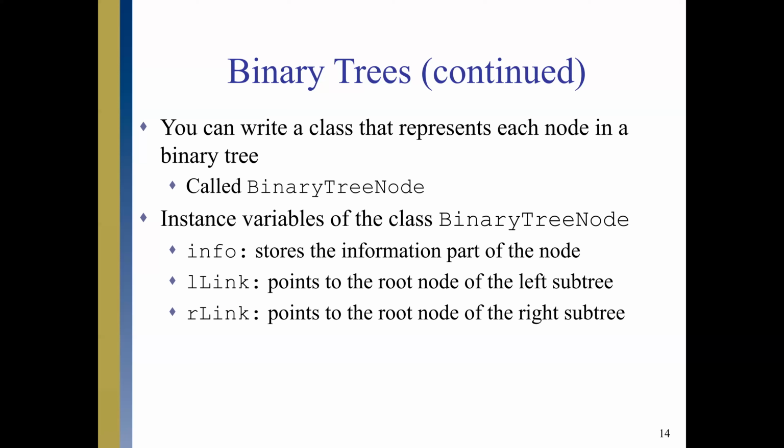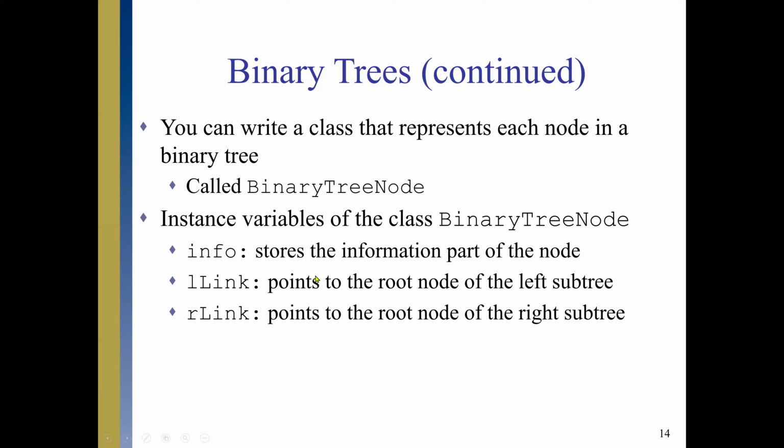Here we have a binary tree node. It has the info part where we are going to store the data. Then this tree may have a maximum of two children. So we have the left link, which will be pointing to the left child of the node. Then we have our right link, which will be pointing to the right child.